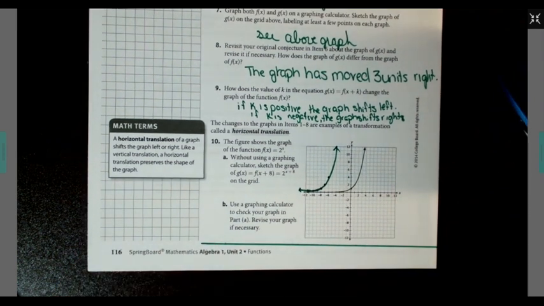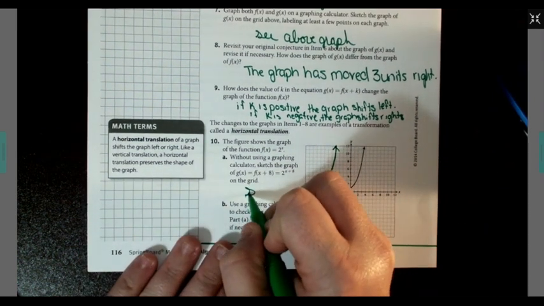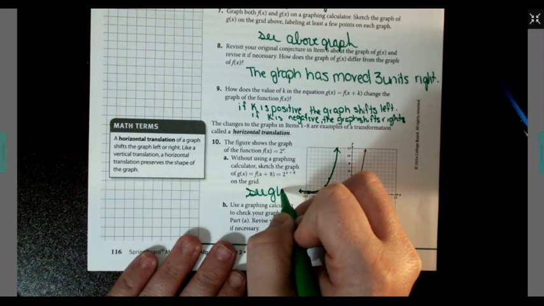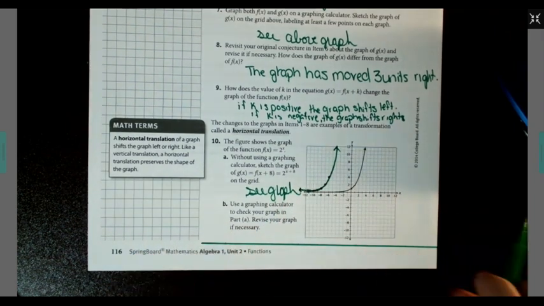Something along those lines. So I'd put see graph.